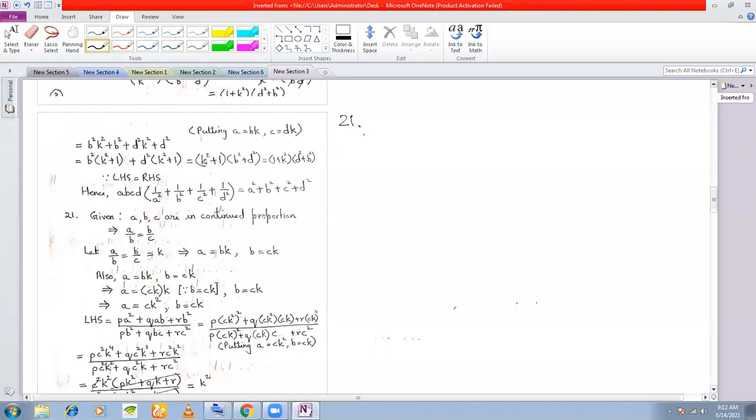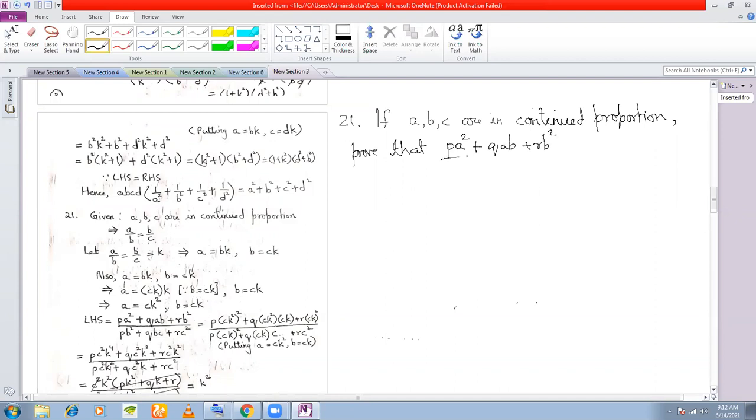And the question is, if A, B, C are in continued proportion, not in proportion, but continued proportion, prove that PA square plus QAB plus RB square by PB square plus QBC plus RC square is equal to A by C.